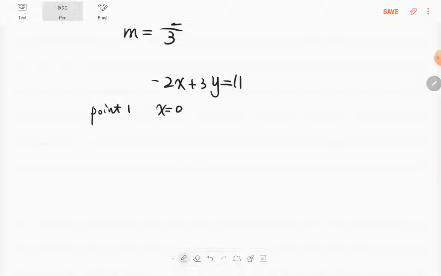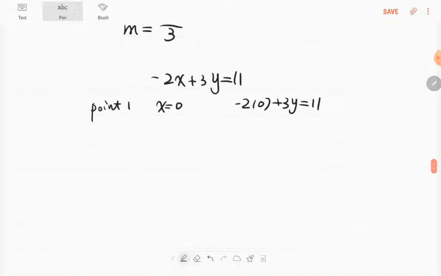Then for y, we use 0 to replace x. We will get 3y equals 11. So y is equal to 11 over 3. Then we write this pair: (0, 11/3).